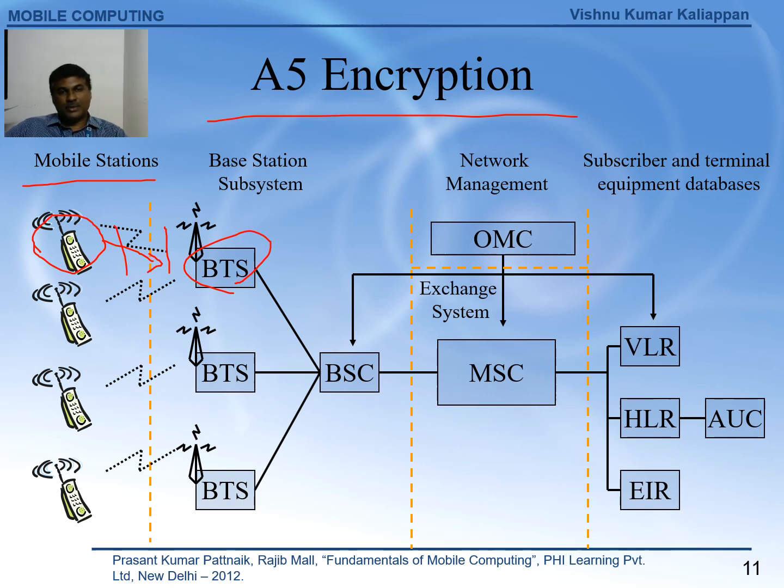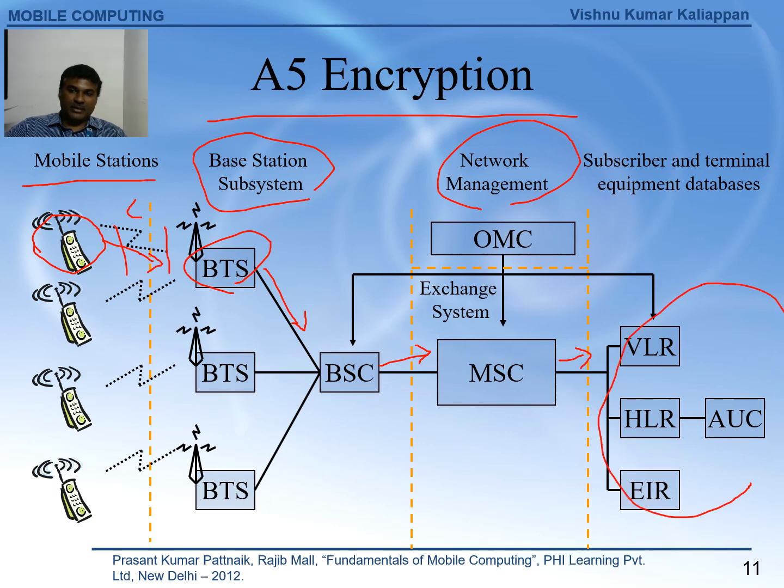In this communication, the data is ciphered and sent to the BTS, from the BTS to the BSC, and from the BSC to the MSC. Here it has the network management and base station subsystem, and once this data reaches the MSC, based on availability and the user, the VLR, HLR, EIR and all these processes will happen as we have seen in the GSM architecture.